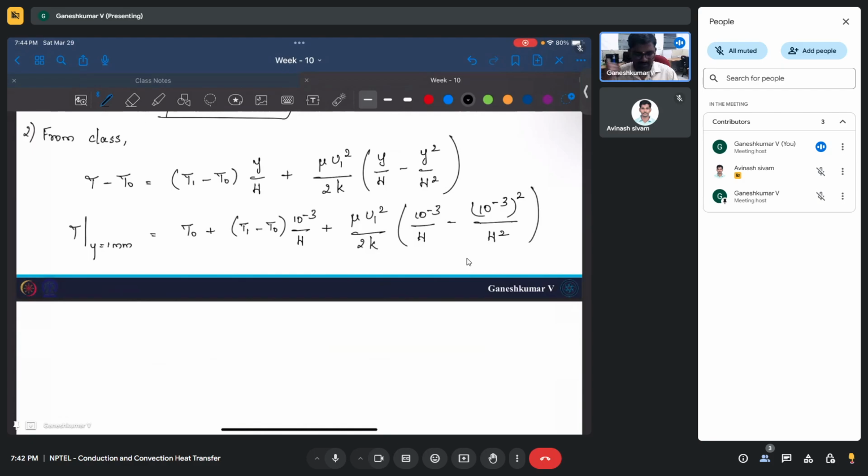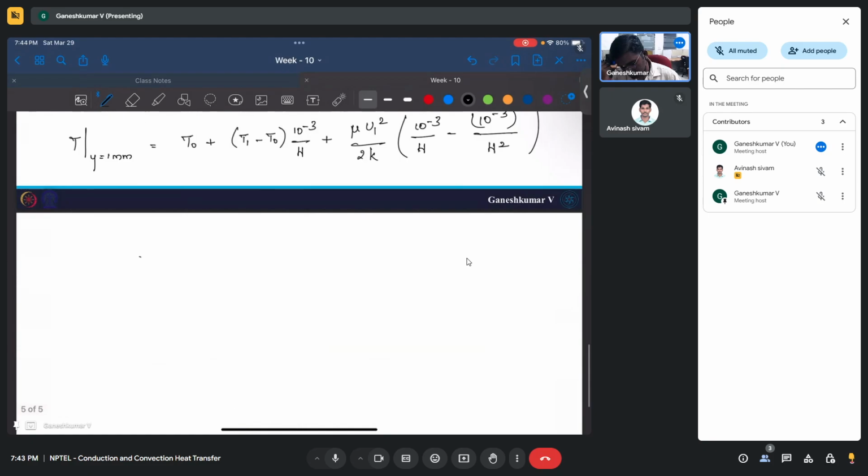So it's just simple substitution of these values. You will end up having the answer. So T naught is 100. T1 minus T naught is 200 minus 100, so it's 100 into 10 power minus 3. h is 10 power minus 2, 1 centimeter. Plus this is 0.1 Pascal second, 10 square divided by 2 into 1.